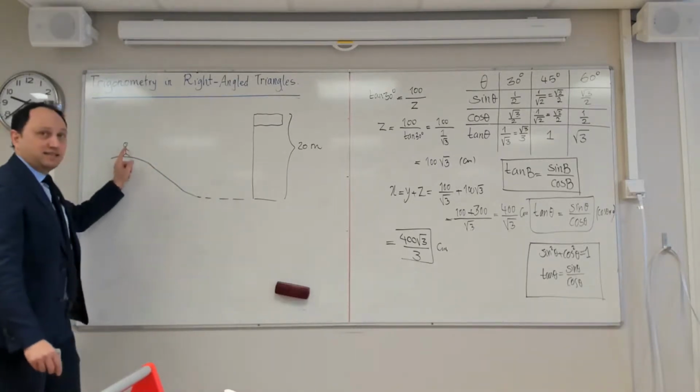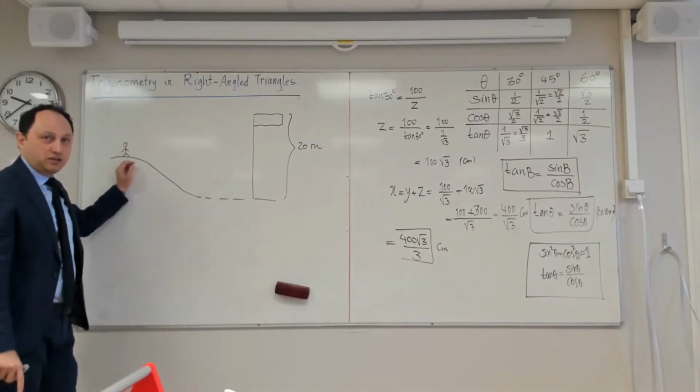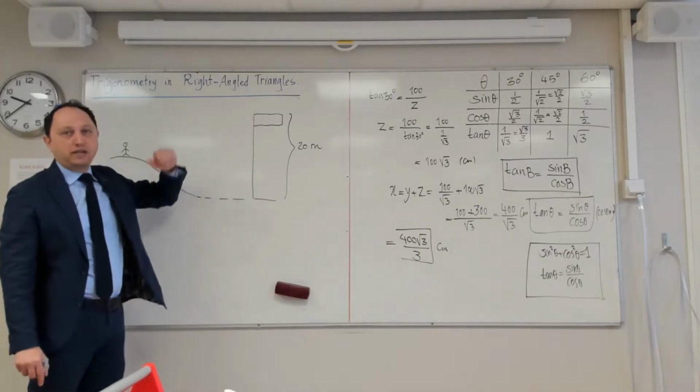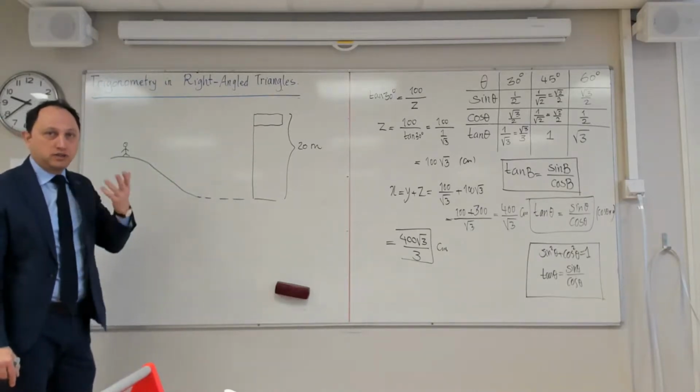They say that the angle of elevation of the top of this pole is, for example, 18 degrees. What does it mean?